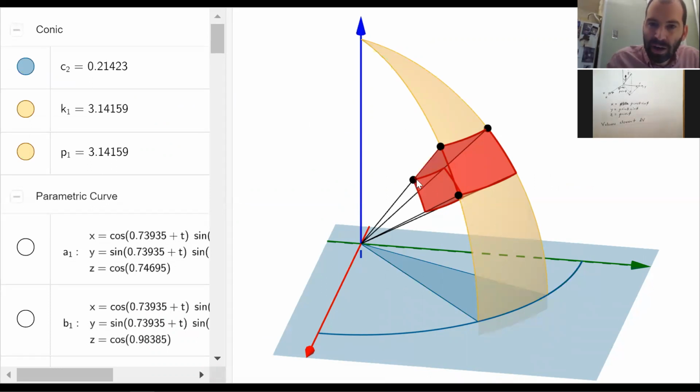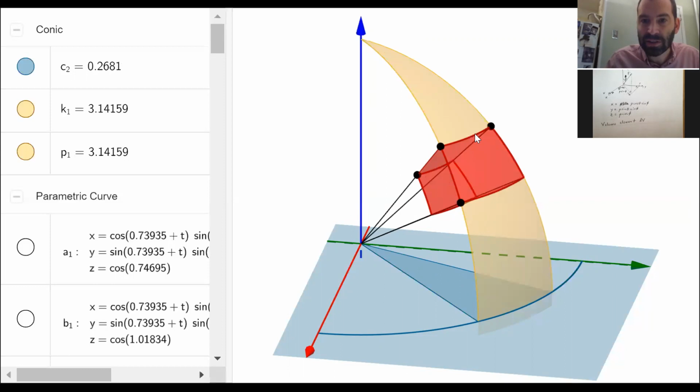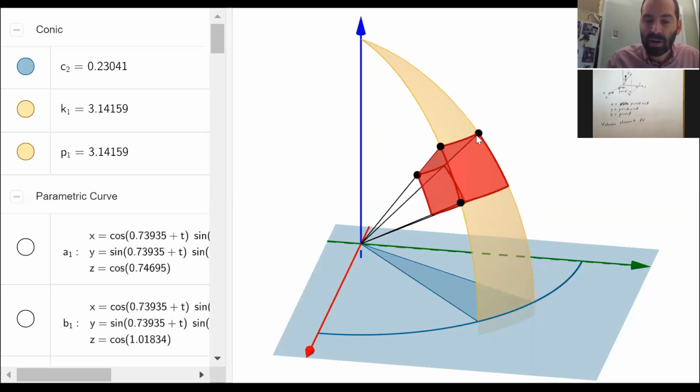That's this: the angle in this direction is phi. Imagine this distance being very small, this angle here being very small. Then I'll look at a small change in theta, imagine this angle in this direction being very small. And then a small change in rho, that's this distance, very small.